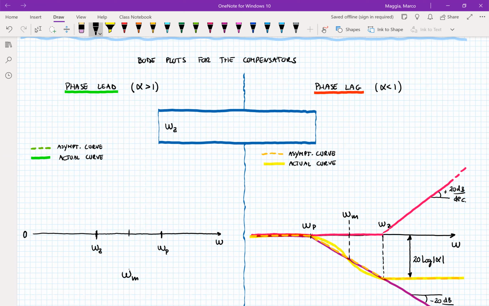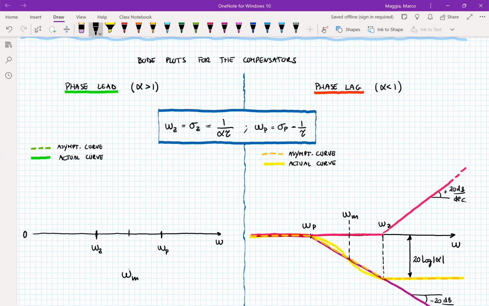Here we have that omega z is actually sigma z. So as defined before, it is 1 over alpha tau. And then we're going to introduce omega p, so the frequency associated with the real pole, or sigma p, is equal to 1 over tau.